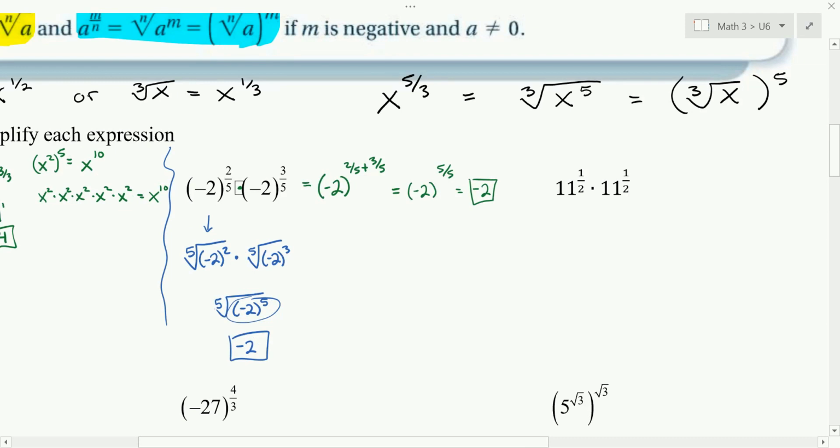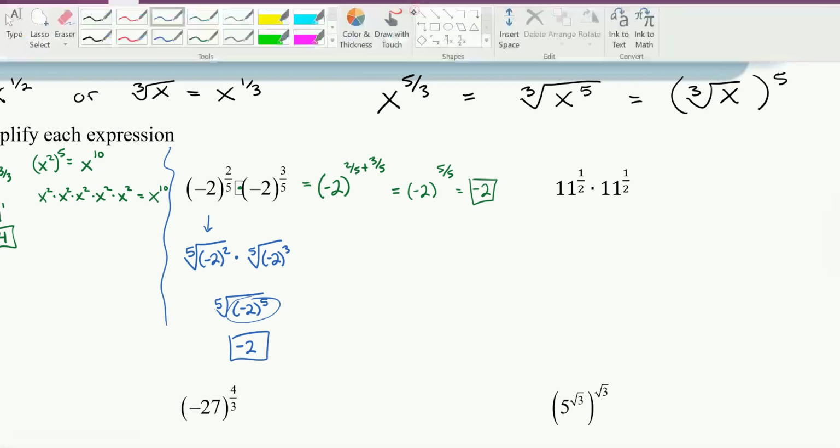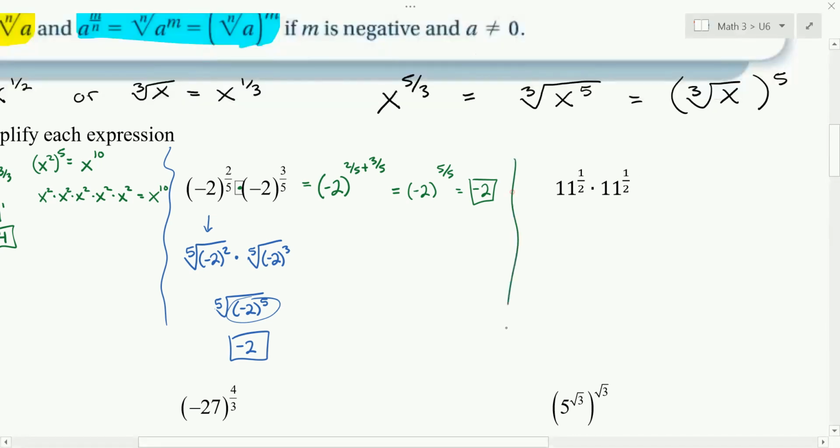So 11 to the 1/2 times 11 to the 1/2. What's the answer to that one? 11. Good. How'd you do it? Okay, so you're working with the exponents. So you add, so you get 11 to the 1/2 plus 1/2, which is 11 to the 2 over 2, which is 11 to the 1st power, or just 11.